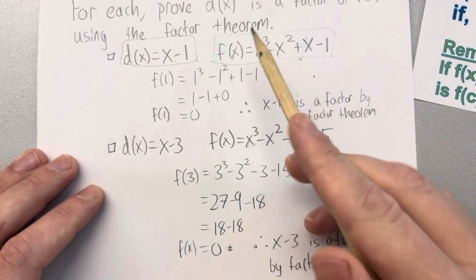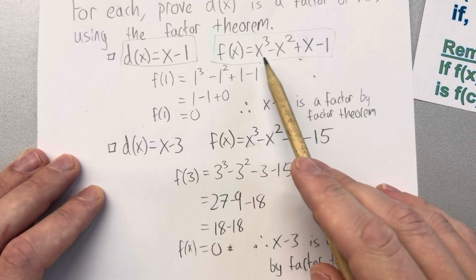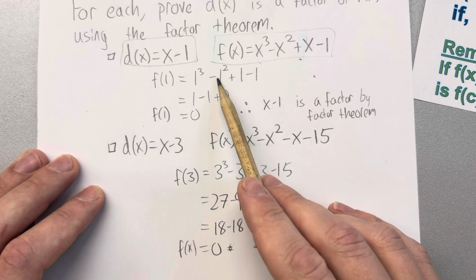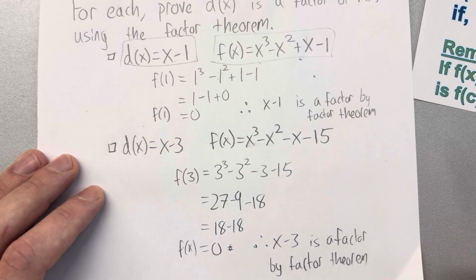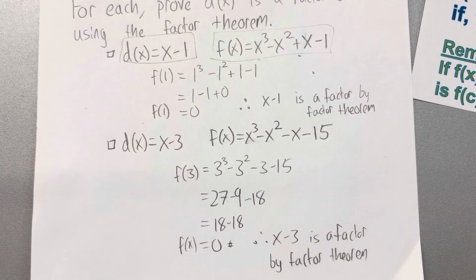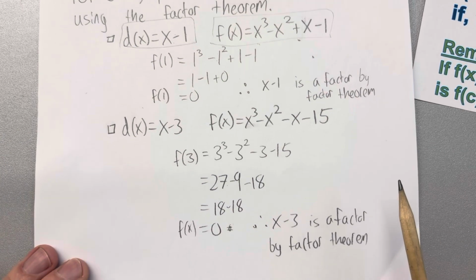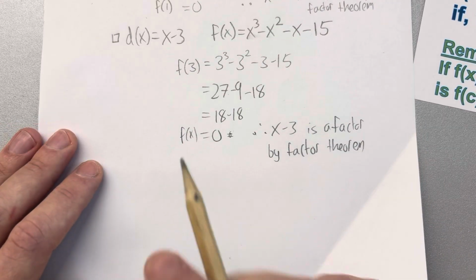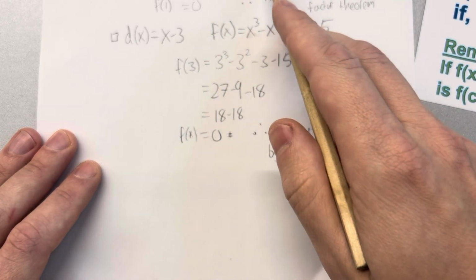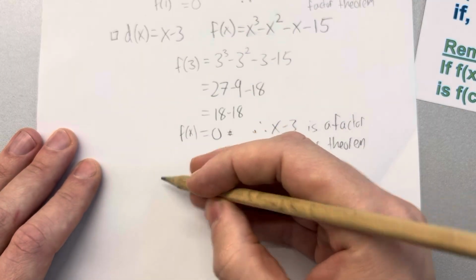So I can tell right away that 1 is going to be a factor here because my coefficients are 1, negative 1, 1, negative 1, and those coefficients add to 0. So the factor remainder theorem is really helpful in terms of efficiency when you're checking the 0 of 1.